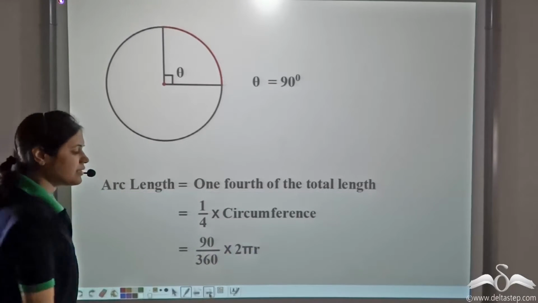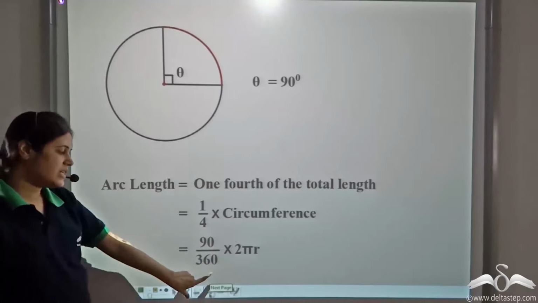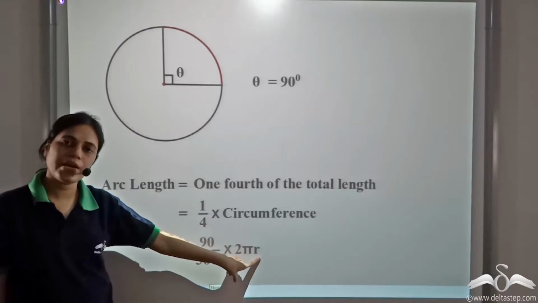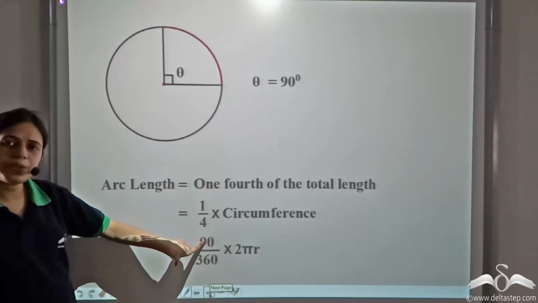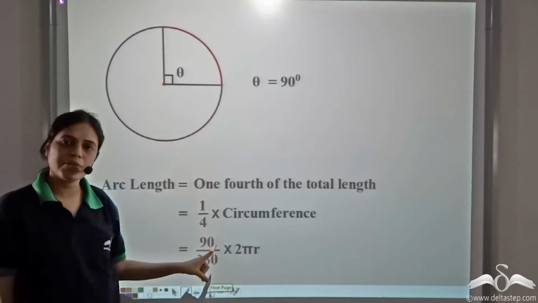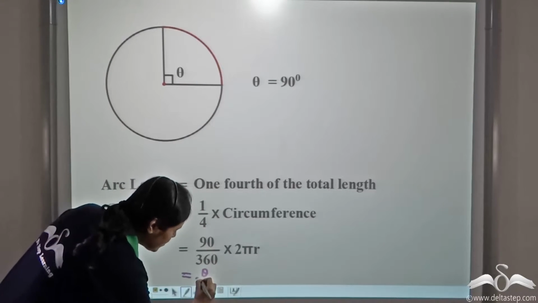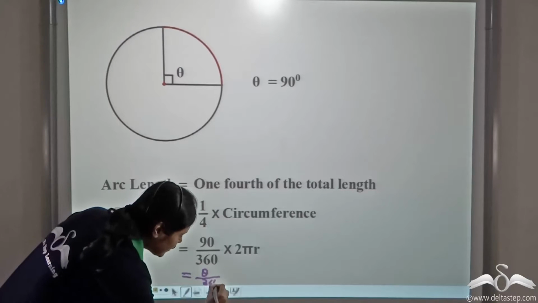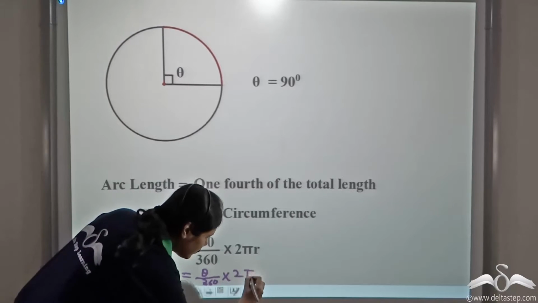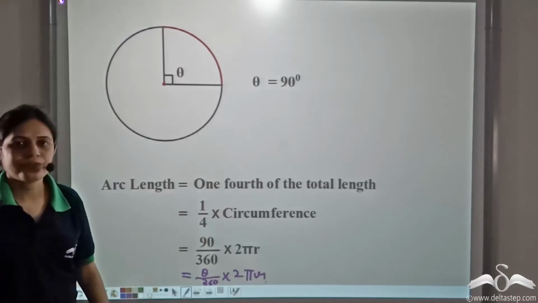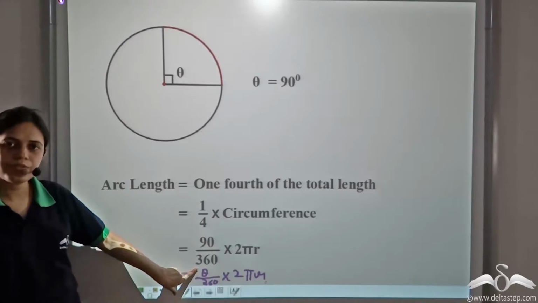So the arc length in this case is 90 by 360 into 2 pi r. Again we can replace 90 by theta because theta is the central angle. So theta by 360 into 2 pi r. This is what we have.